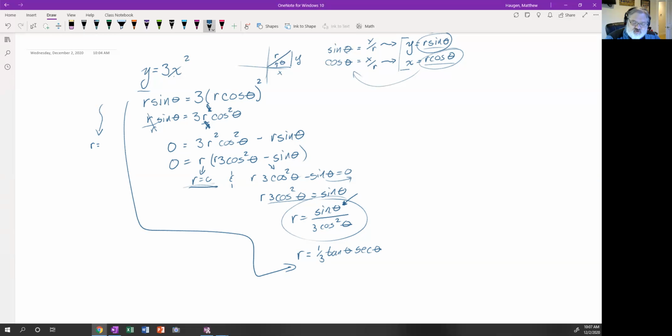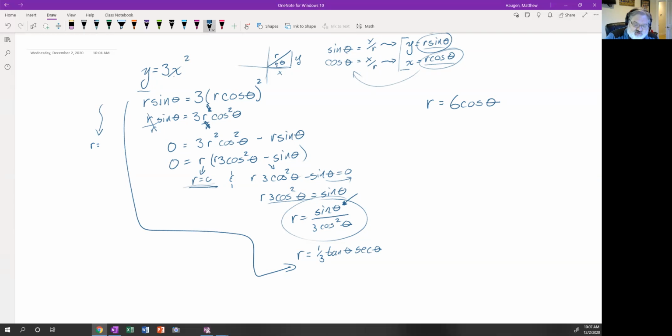The harder direction is often the other one. If you're given things in polar, trying to convert them into Cartesian, like asking, what is this object 6 cosine theta? What is it in Cartesian? We might want that because it might be easier to work with in Cartesian, or we just might want it to be something we recognize more.